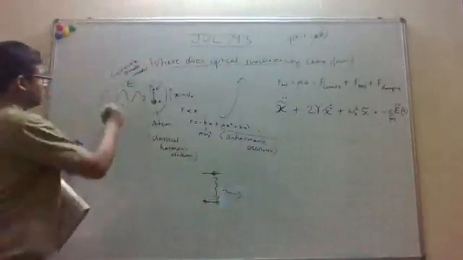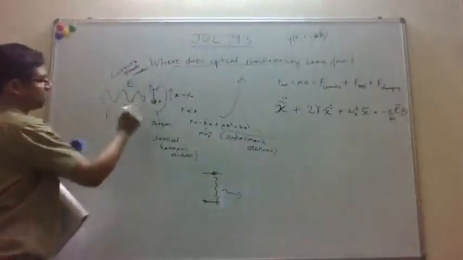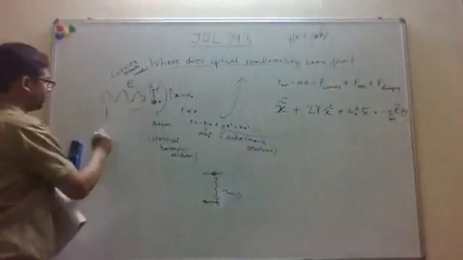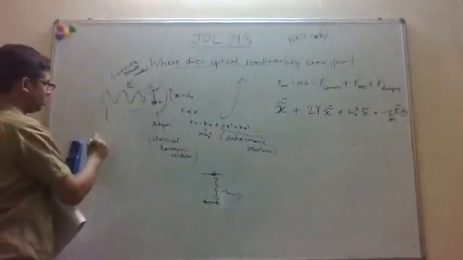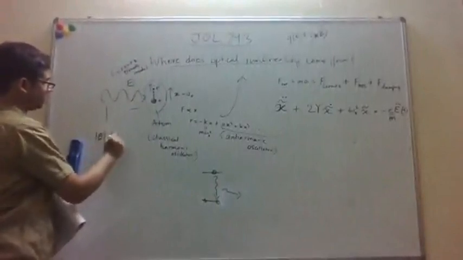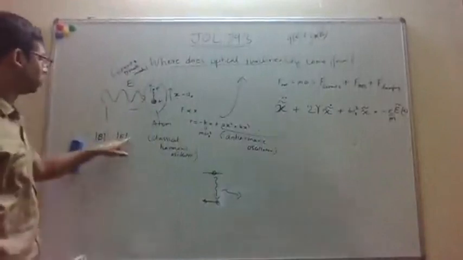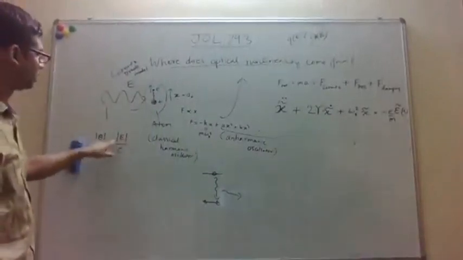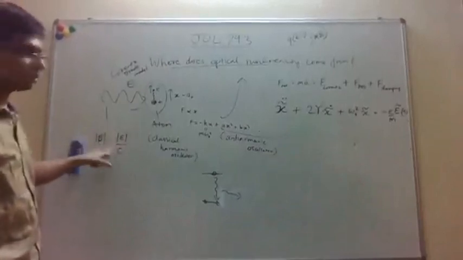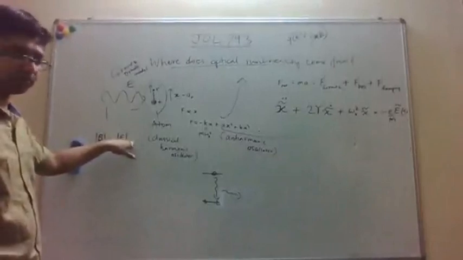So if you remember, if you have some plane wave incident, let's say in free space, then the magnitude of the magnetic field is related to the magnitude of the electric field by this factor. So 1 over the speed of light times, right?